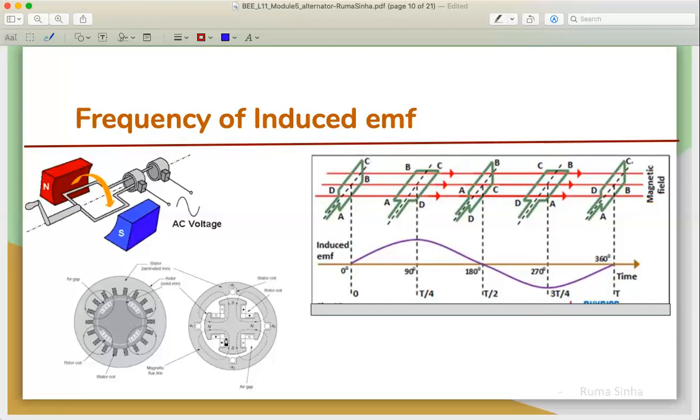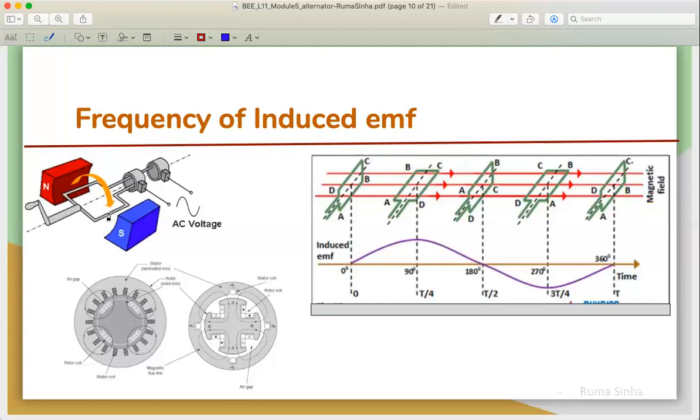Now coming to this alternator, we have one N pole here, one S pole here, one N pole here, one S pole here. Now this full sinusoid that I am getting here is from one N pole to S pole and back to the N pole.